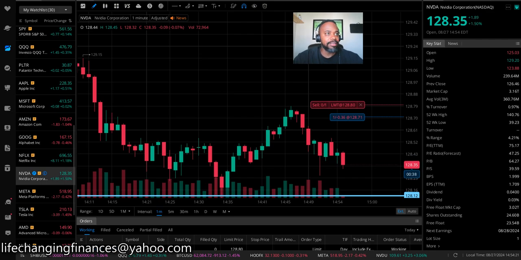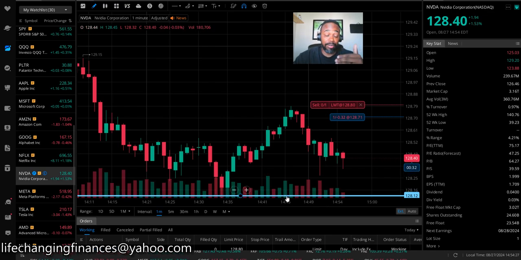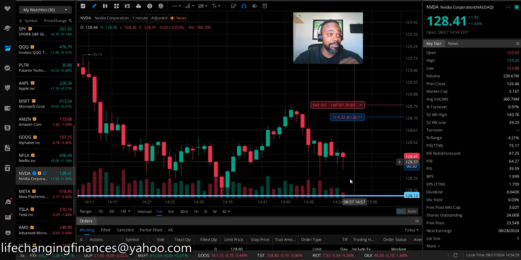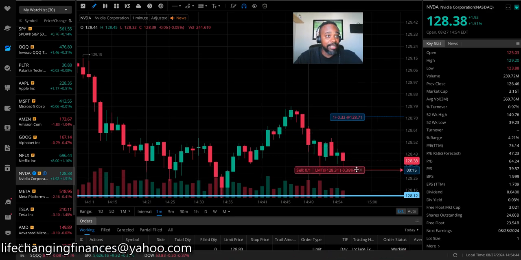So now you guys can see we're at a point where I have it set to where I'll just get out of this position if it comes down. This line here just represents my max that I'm willing to lose in this particular trade. What I could do is take this thing here and slide it all the way down, and we could release there.